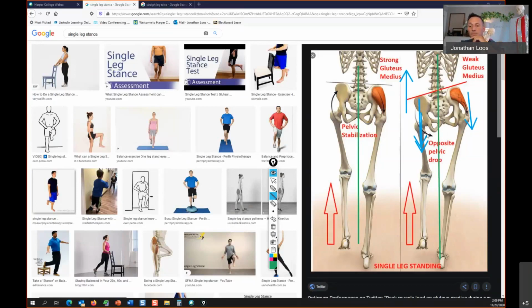But good question. You say in a test question, would you give us the option to select only the abductors, or would you give us the option to select abductors and glute med? Well, are you talking about glute max being involved in that as well, or the rotation?